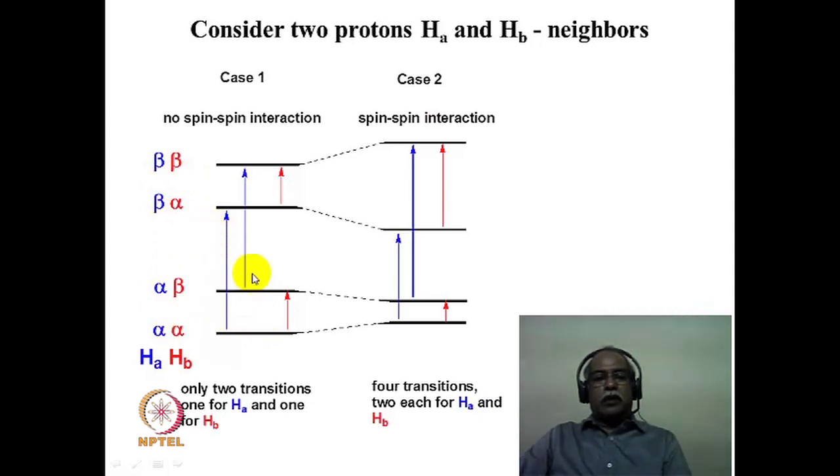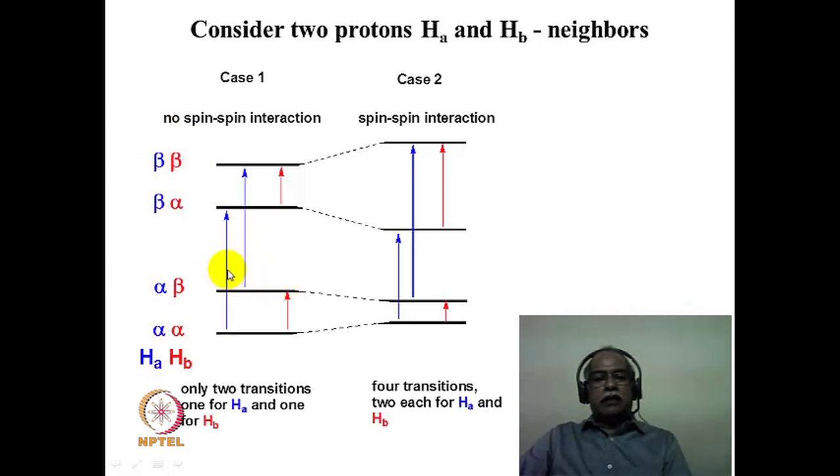Therefore, there are 2 transitions possible. The blue hydrogen that is shown here has a transition going from alpha to beta when the red is in the alpha state, for example. It's also possible that the blue hydrogen is going from alpha state to beta state when the red is in the beta state. So there are 2 possibilities, but these 2 possibilities are isoenergetic in nature.